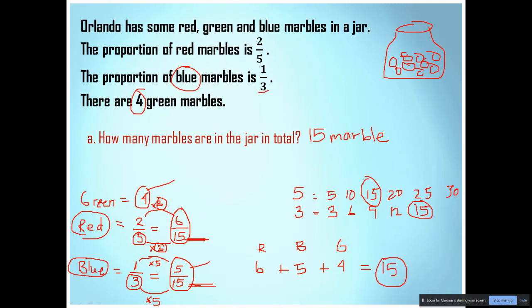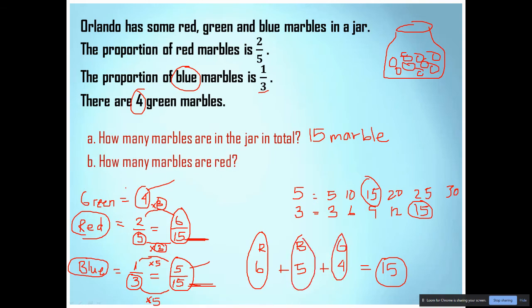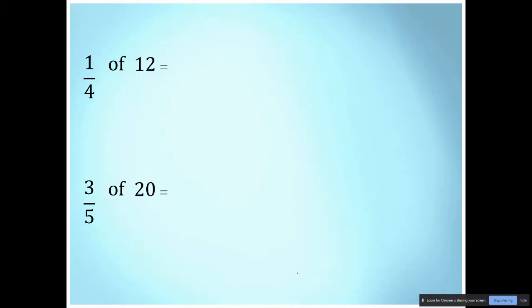So we got it correct there. 15 marbles. 6 are red, 5 are blue, and 4 are green. So we can now answer letter B. How many marbles are red? 6 marbles. How many marbles are blue? 5 marbles. All right. So that's it. Easy, right? How about this one?